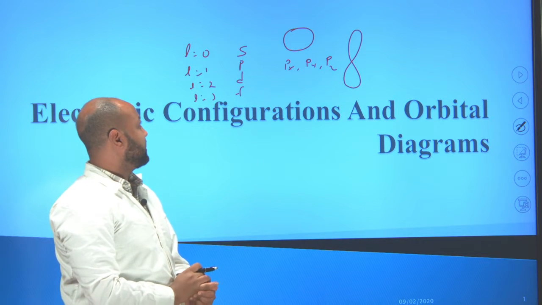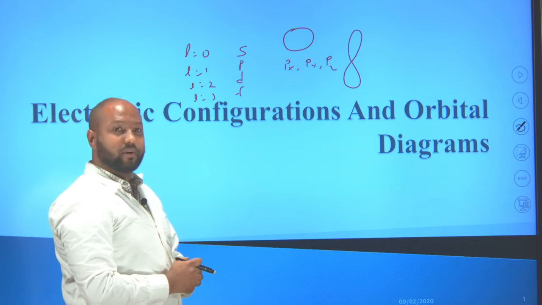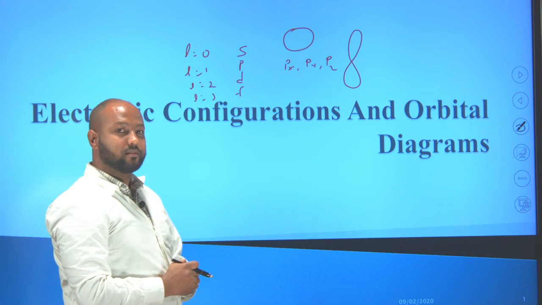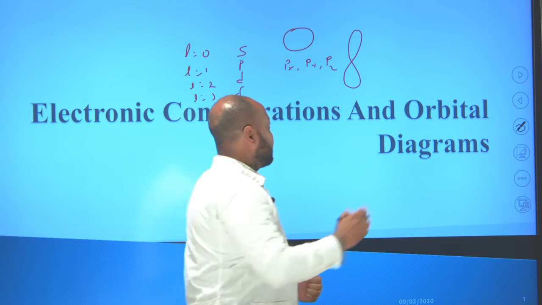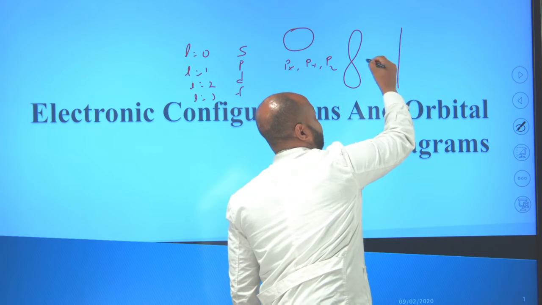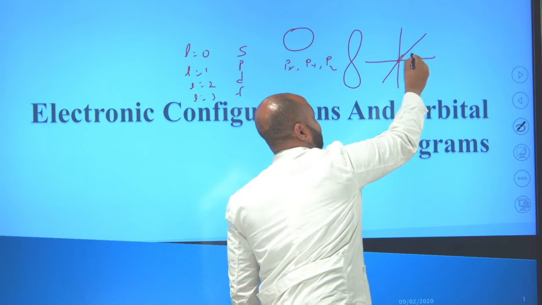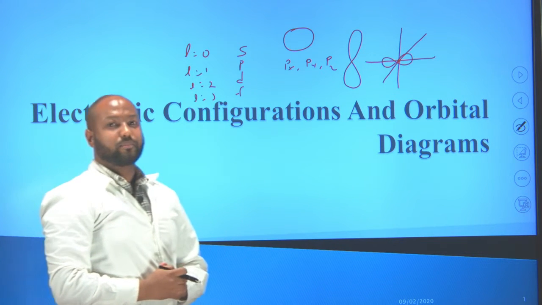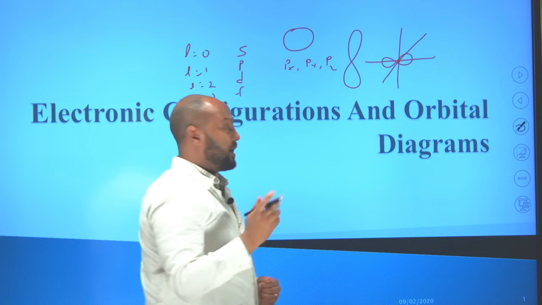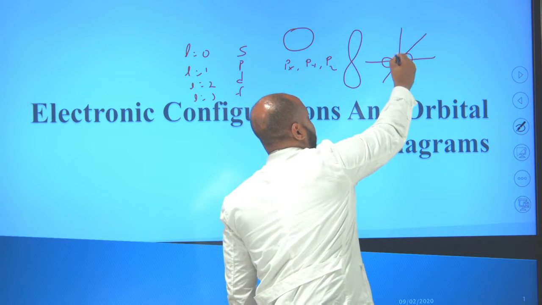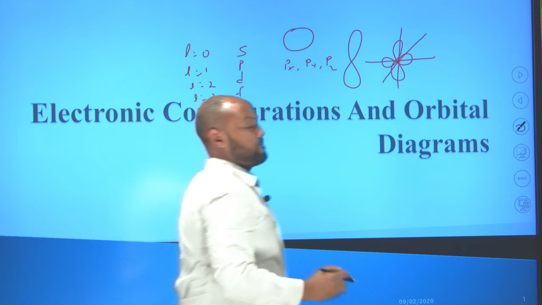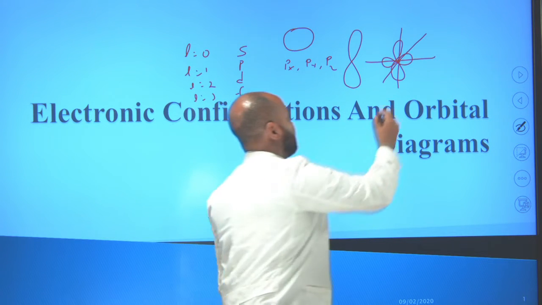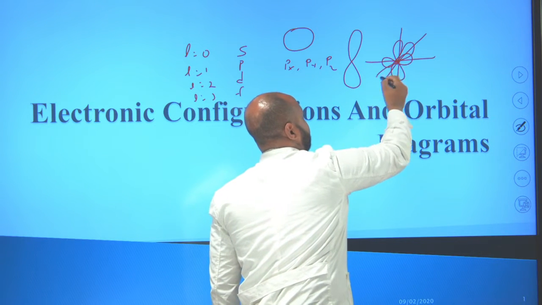These P orbitals differ by their three orientations. Px peaks along the x-axis, Py along the y-axis, and Pz along the z-axis.